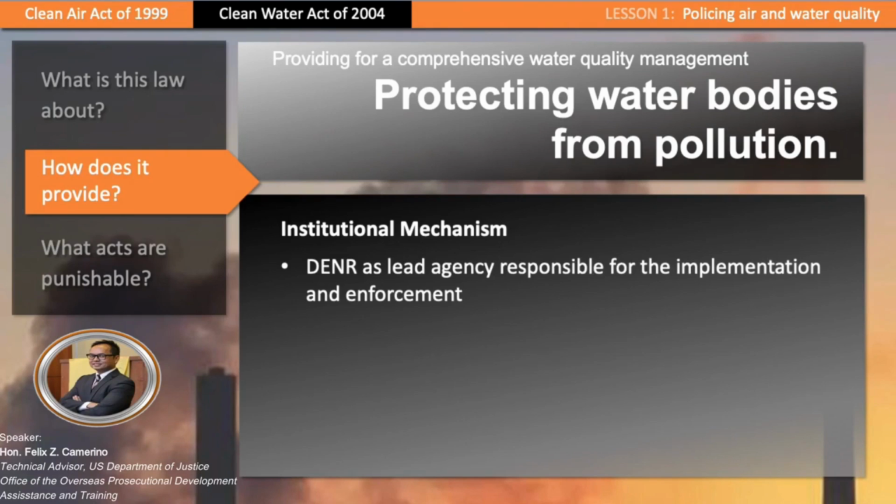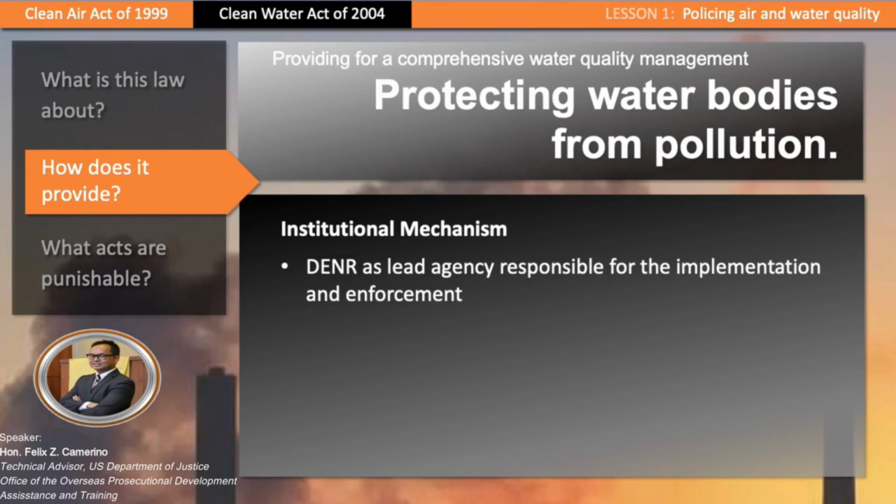Okay, and this government agency, as the lead agency, has a number of powers and functions. But I wanted to home in on three that were consistent with some of the very important objectives or requirements of the Clean Air Act.